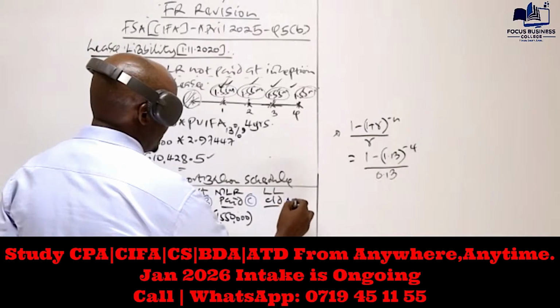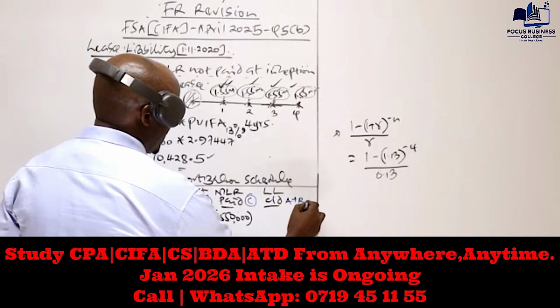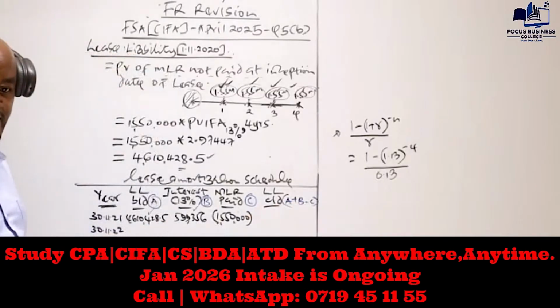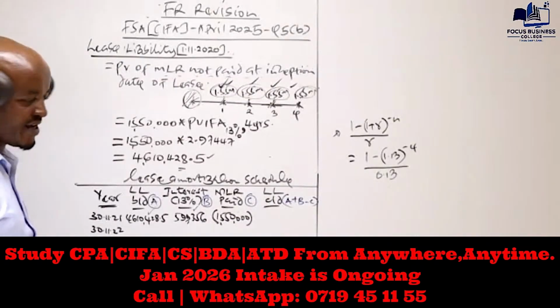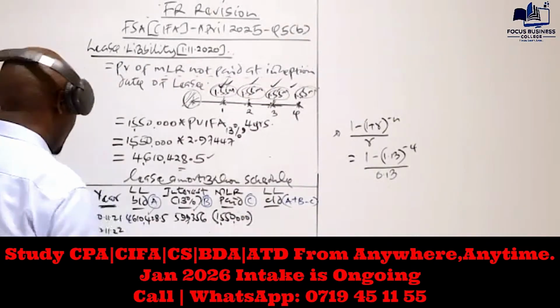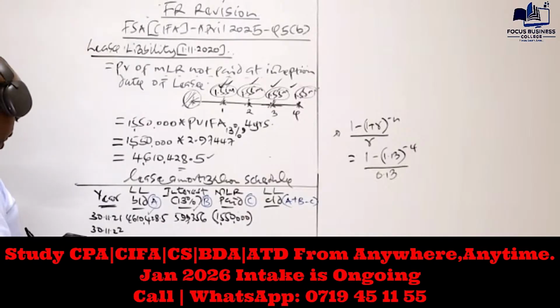So we are taking A plus B minus C. That's how we are getting that value there. So let's work that out. We add 4610,428.5, minus 1550,000.